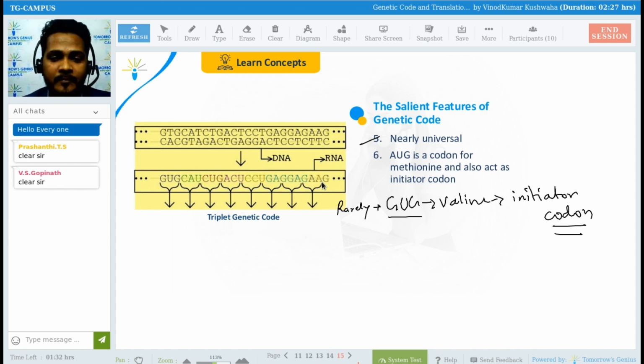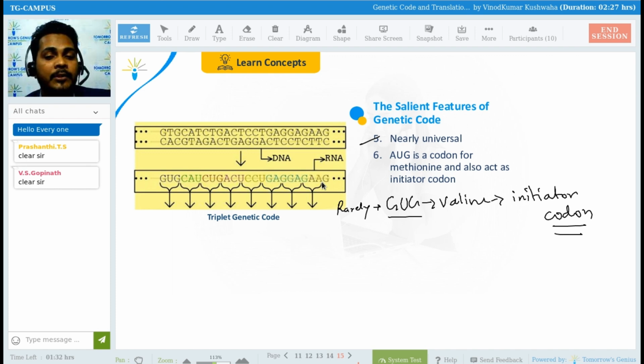Sir, you said it is nearly universal, no, sir. Is there any exception? See, I have told you that the genetic codes are nearly universal. That means a codon specifies the same amino acid from virus to plant.